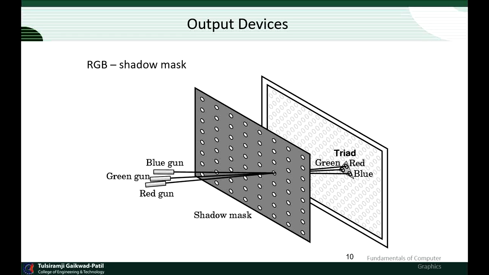So if we see, there is a shadow mask between the actual display and the electron gun, we can say.